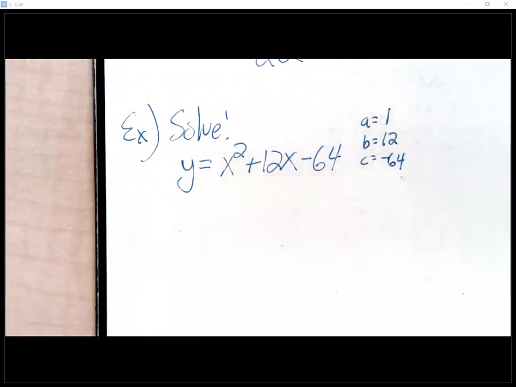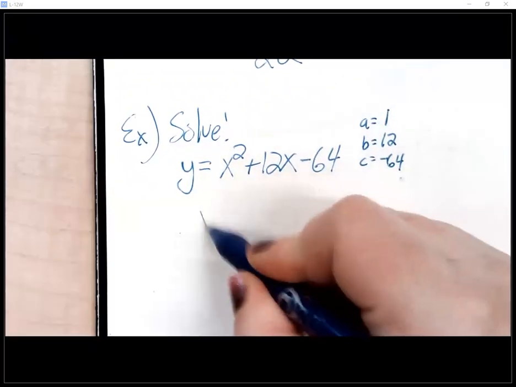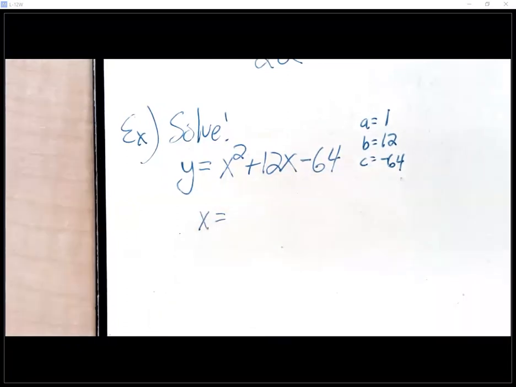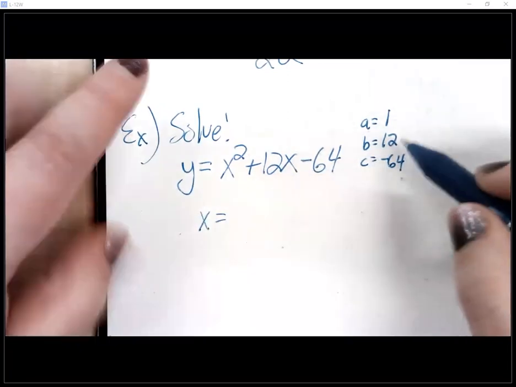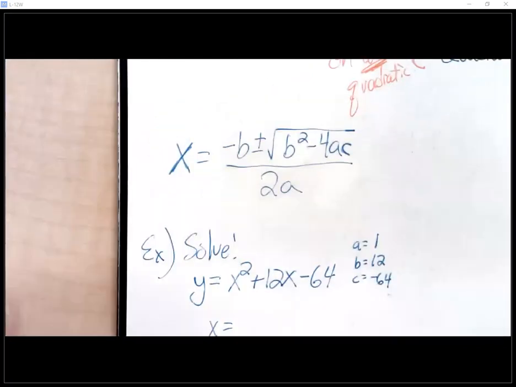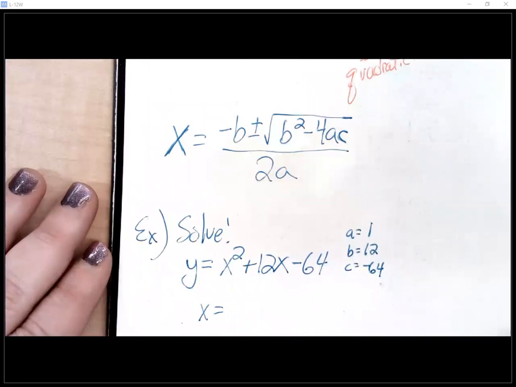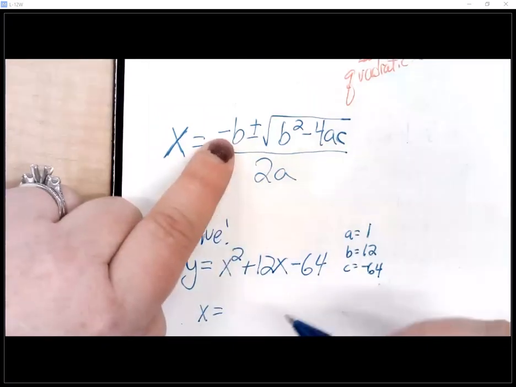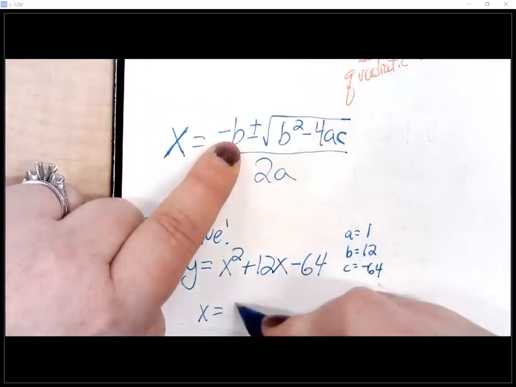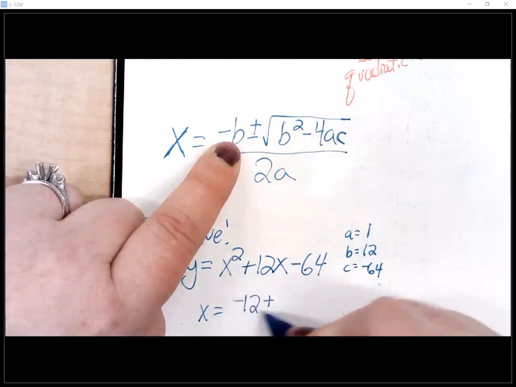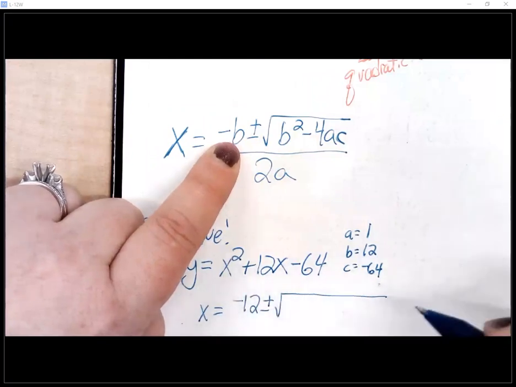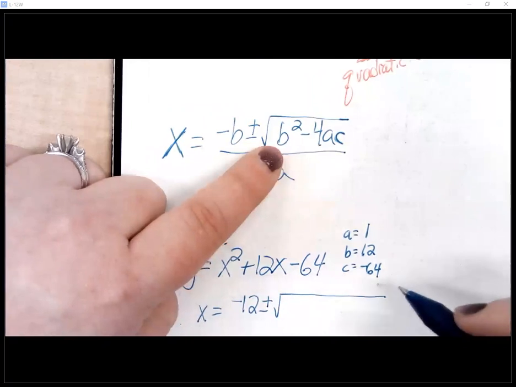So now when I pop it into the formula, let's see how this works out. The formula says I want negative b, so that's going to be a negative 12, plus and minus a big old square root. And now I want to do b squared. So I'll put all the numbers in.